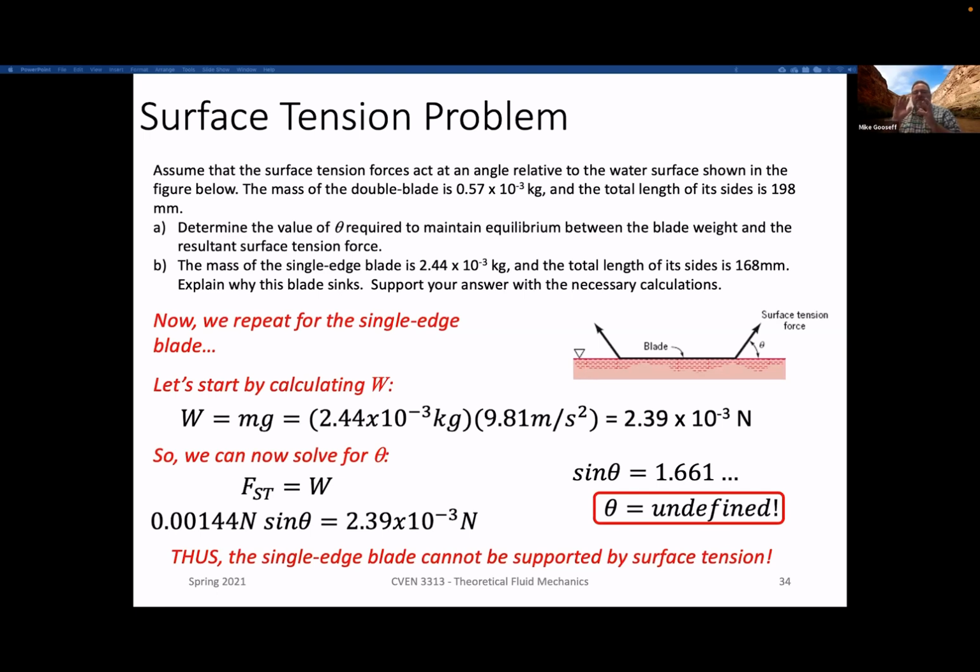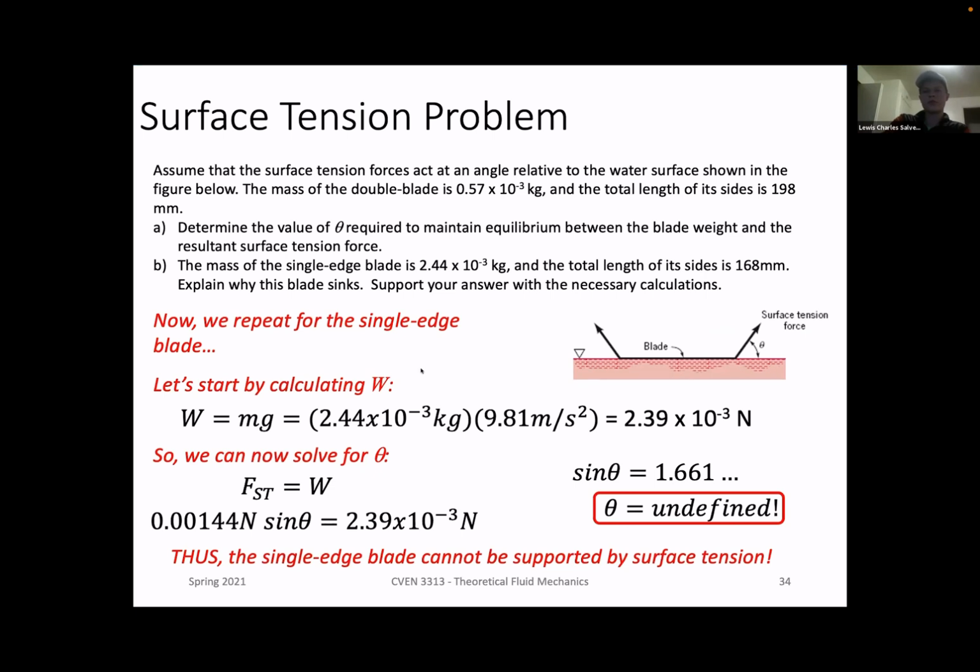truly the surface tension force is acting all around the perimeter of the double-sided razor blade in this case. And what that still comes down to is, let me draw here real quick, having a plate that looks something like this, having weight obviously working downward, right?